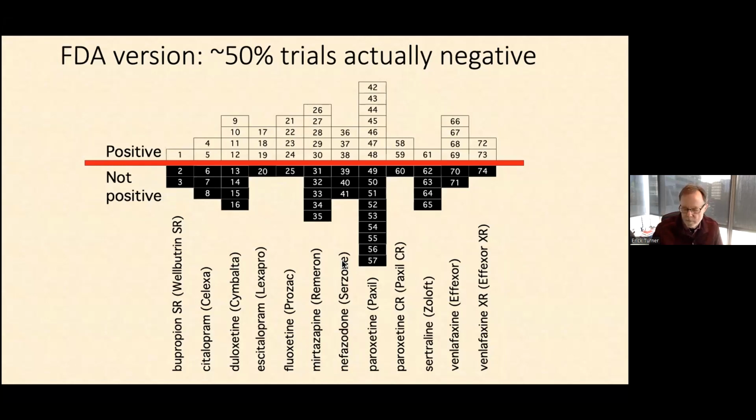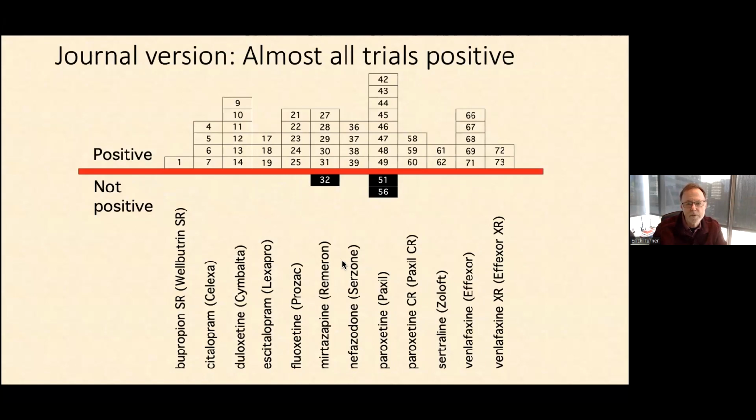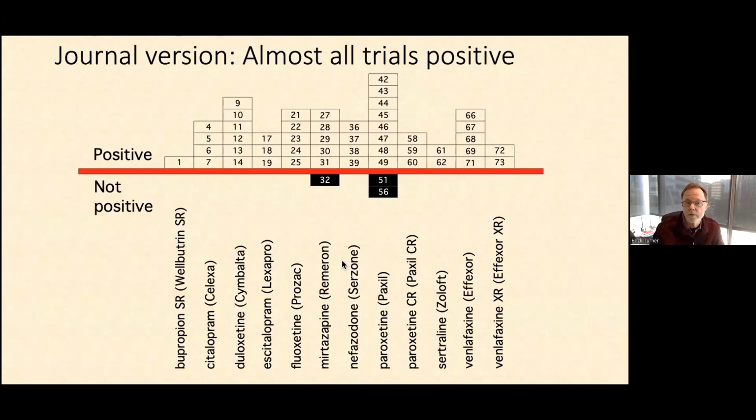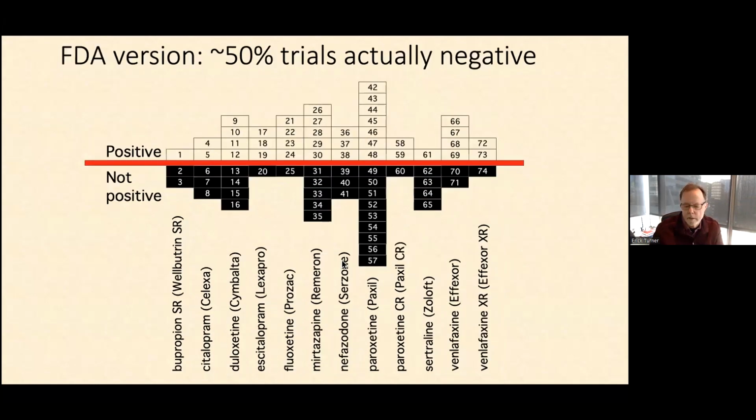I have a GIF in my Twitter account where it toggles back and forth between these two. So now you see it, now you don't. Those negative studies, there they are, and they're gone again. So the journal articles are not accurately representing what the truth is.